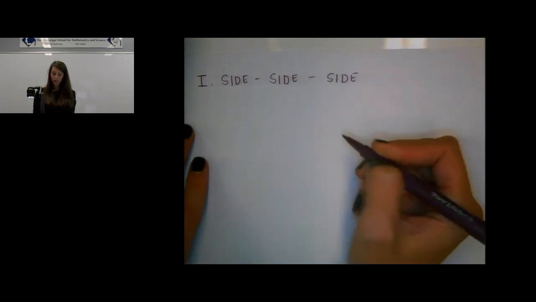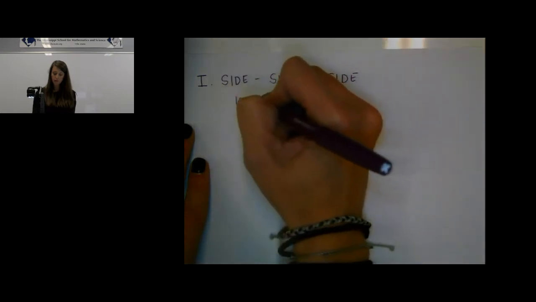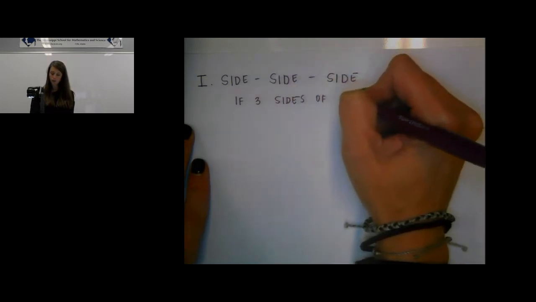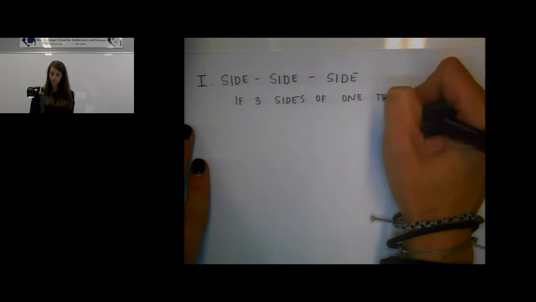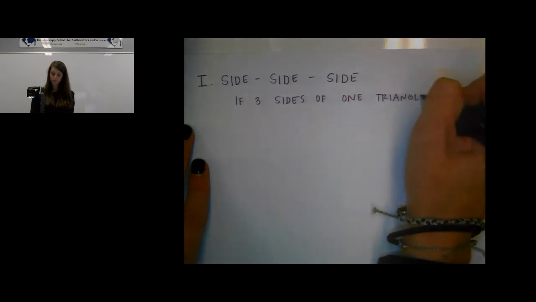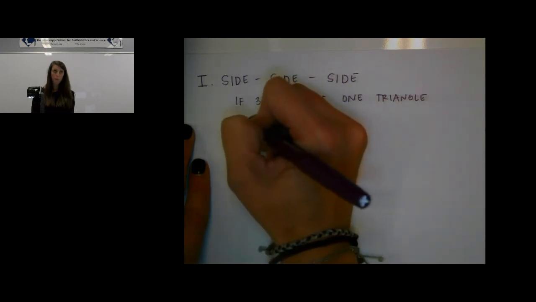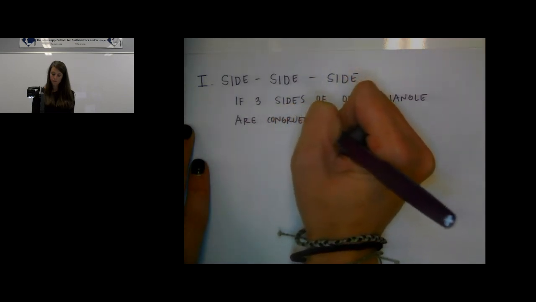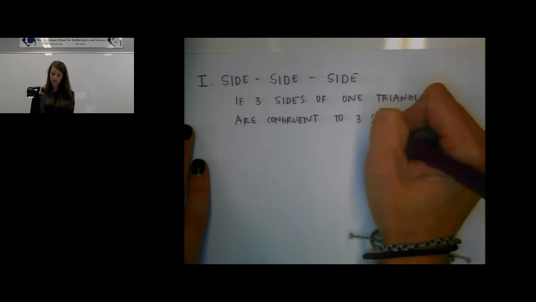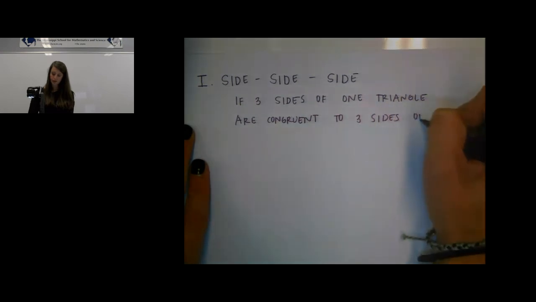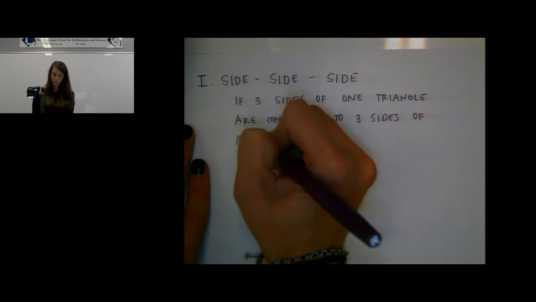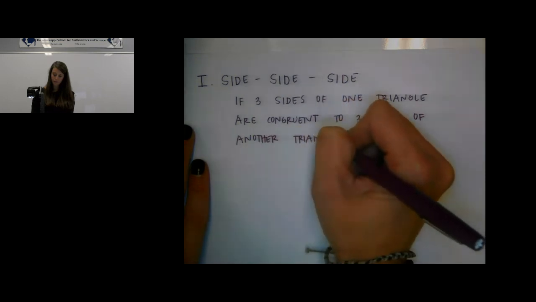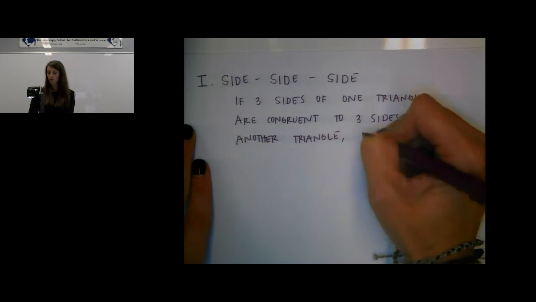So if three sides of one triangle are congruent to three sides of another triangle, then the triangles are congruent.